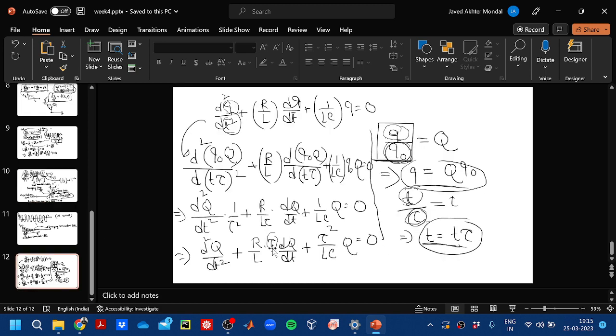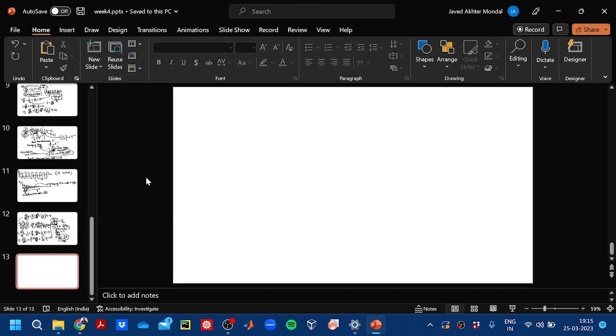So if we assume tau to be L by R, and if we replace that in the equation, then the equation that we are left with will be d2q dt square plus r by l into tau, and we will replace tau with our damping time scale, l by r, dq dt plus 1 by lc into l by tau square.